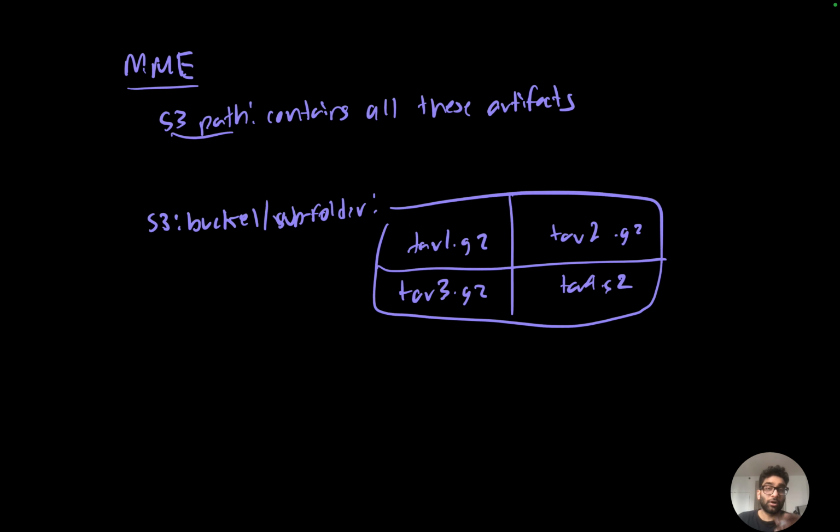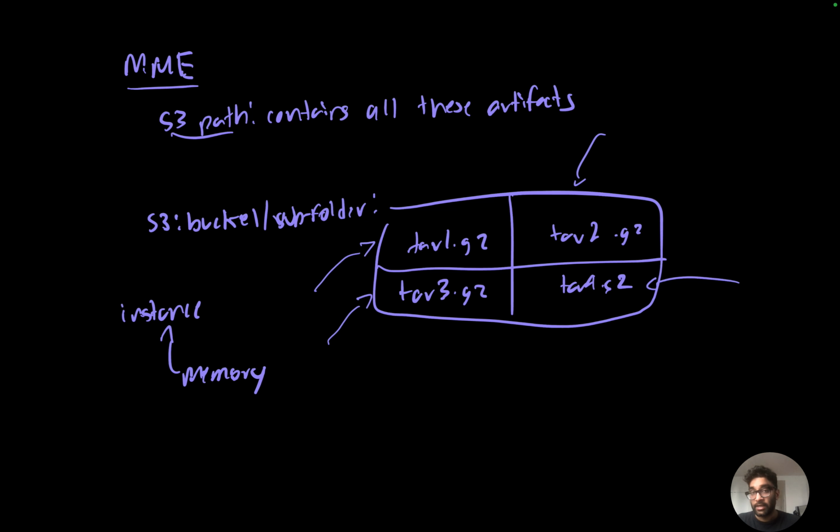And MME, as we talked about lightly beforehand, where it becomes really, really powerful is it can control the loading of these models in and out of memory. So every instance or compute you have behind the endpoint, there's some amount of memory associated with it. What MME does is it takes all these models. Let's say you're invoking this model or this model. Depending on what's being hit in these different models, it will dynamically load them in and out of memory. So let's say you're hitting tar1 a lot.